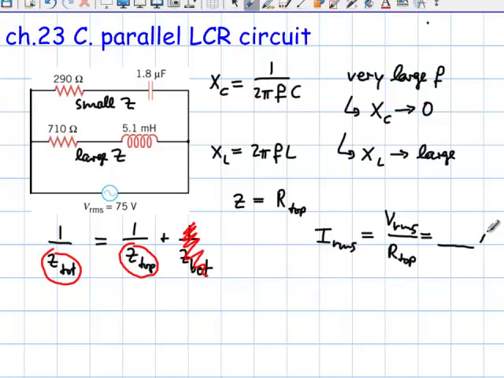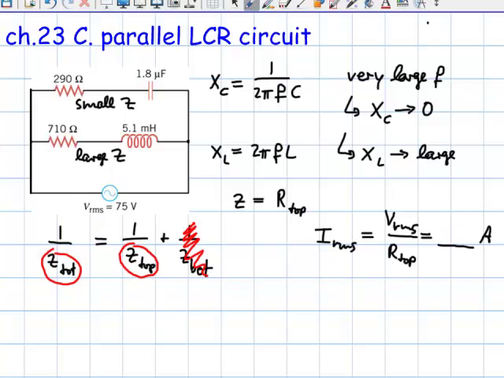That then comes out to some number in amps. 75 divided by 290 is roughly 0.3, a little bit less than 0.3 amps.